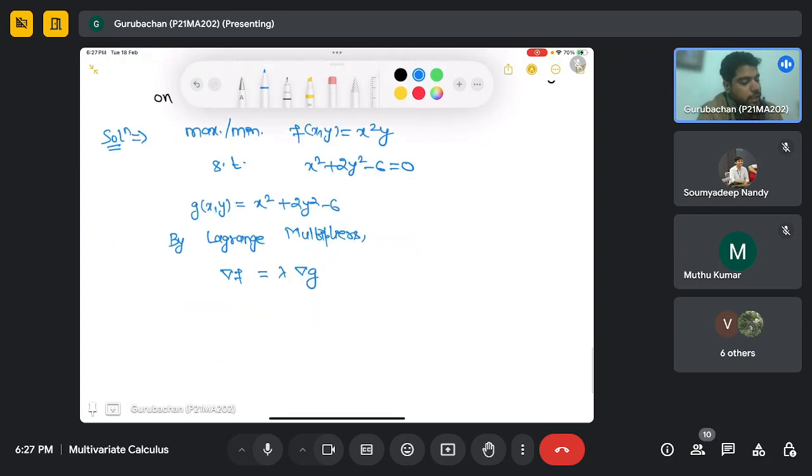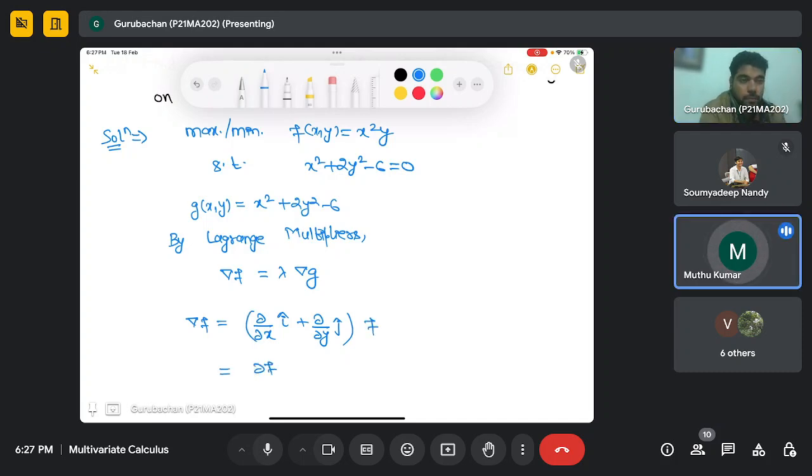So what is the gradient of f? It is nothing but i cap del f by del x plus j cap del f by del y.